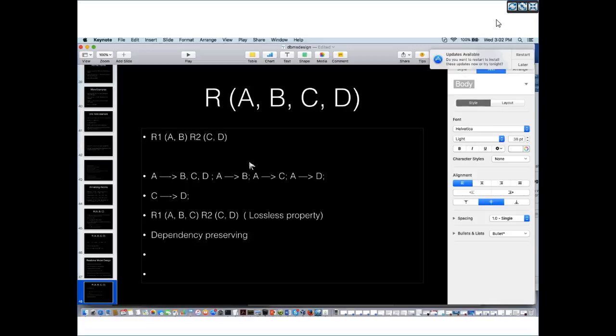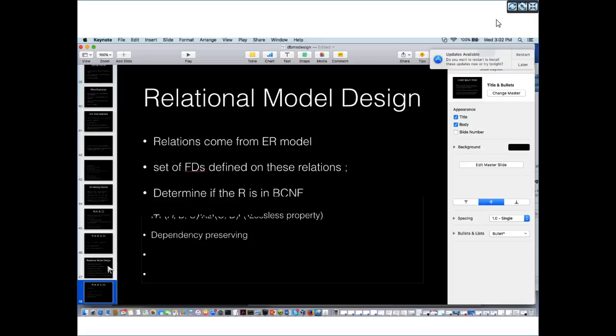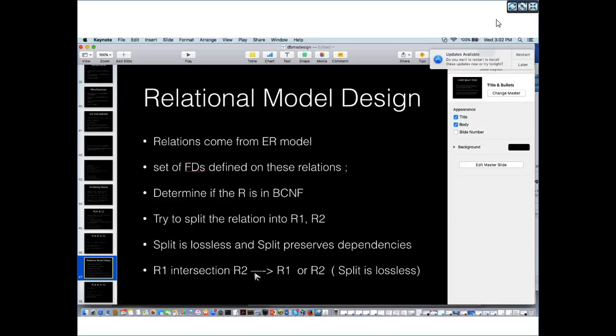Okay, this is what we mean by taking the F closure, taking all the functional dependencies, and then seeing that given a relation R, if you are splitting it, the lossless property is obtained by making sure that the intersection of R1 and R2 is either R1 or R2's key.